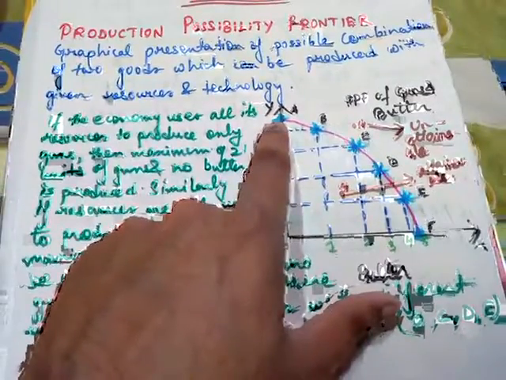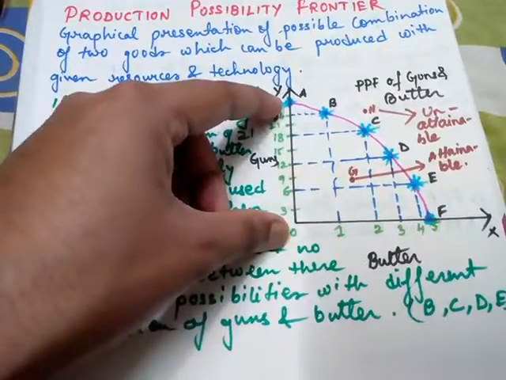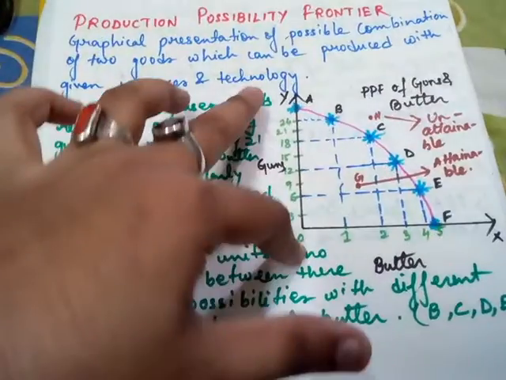So 0 to this point is the maximum production of gun, and butter production is 0, because I'm not increasing this side from the x-axis. On the x-axis butter is 0, and gun is up to a point. So 0 to A is the total maximum. With the available resources you are producing this total of gun, and butter is 0.